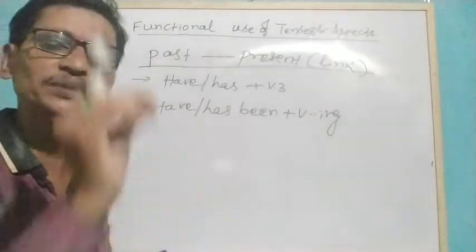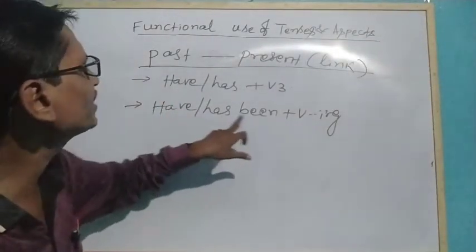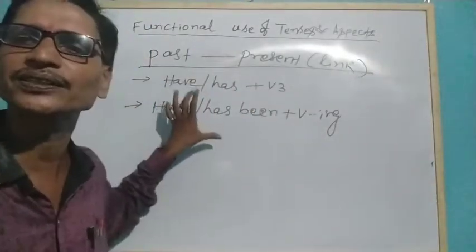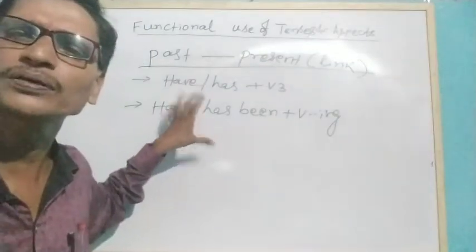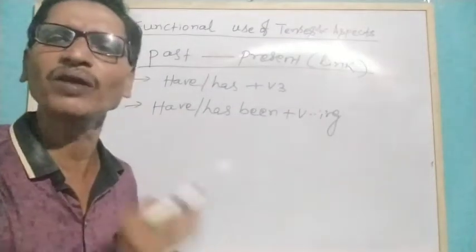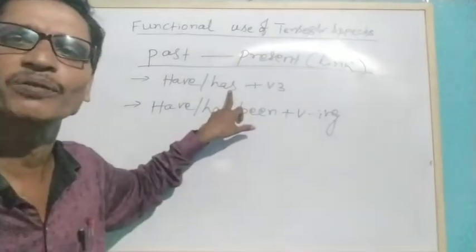Verb 3, that means the past participle verb here, and also we are using have/has been plus verb ing. These two aspects we are using to talk about the link between the past and present times. Okay, first let's understand have/has plus verb third form.